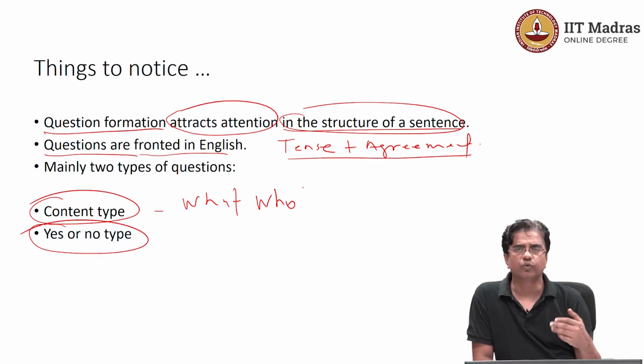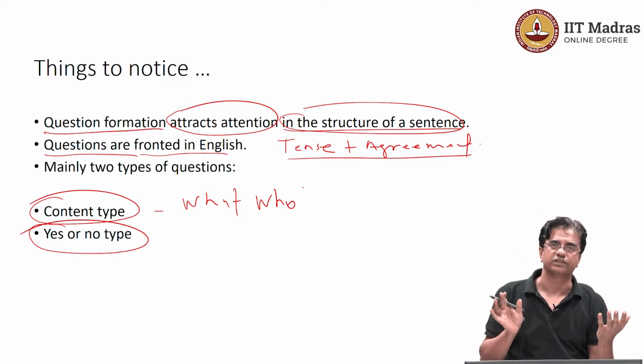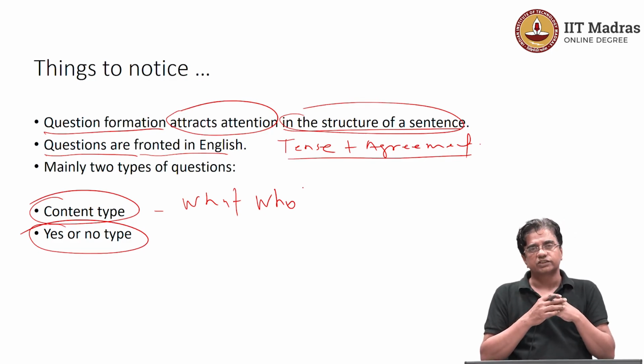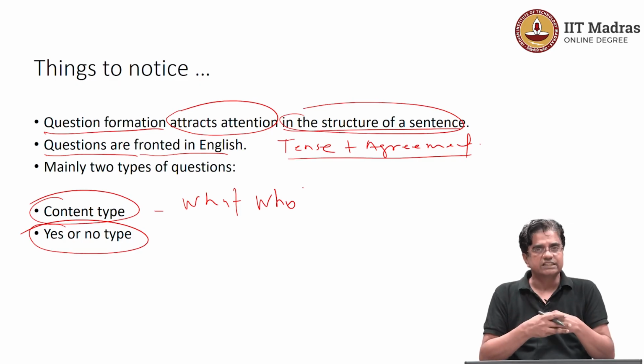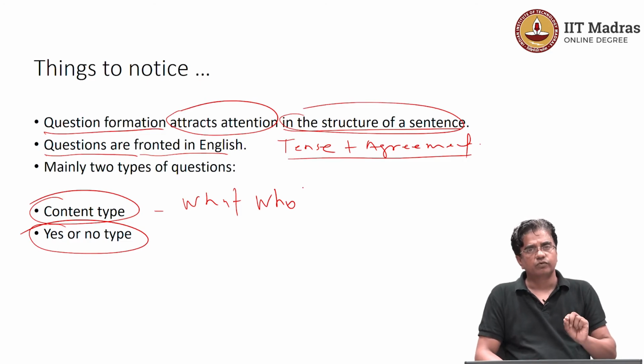So what are they? Who, what, when, where, how, why, all kinds of question words. So please pay attention to the formation of question words also in English. But whenever we have a sentence with these words, they are content type questions, because the reason why we call them content type is because we can only answer these questions.